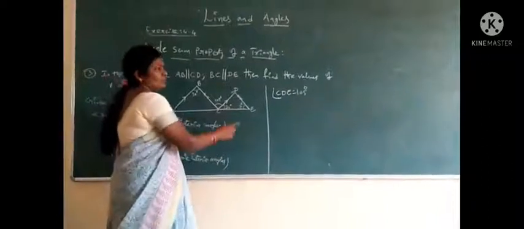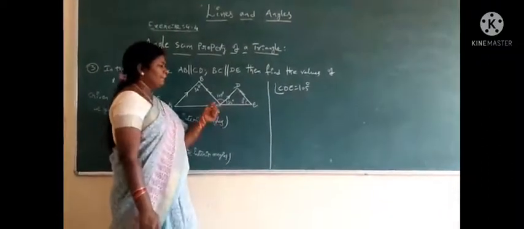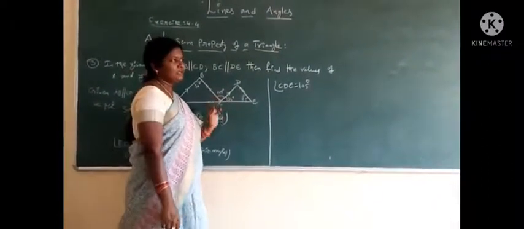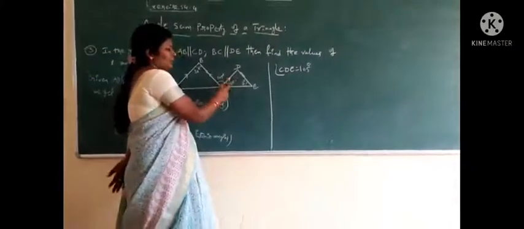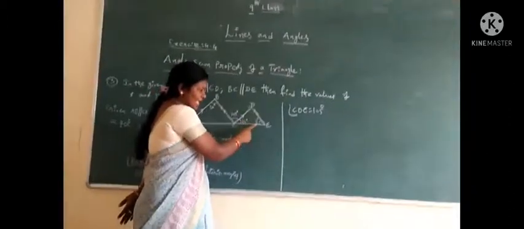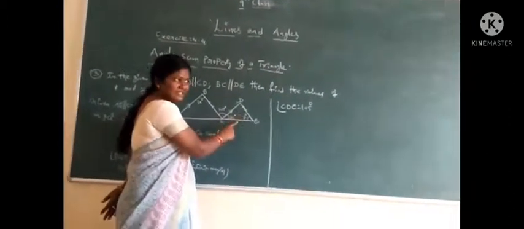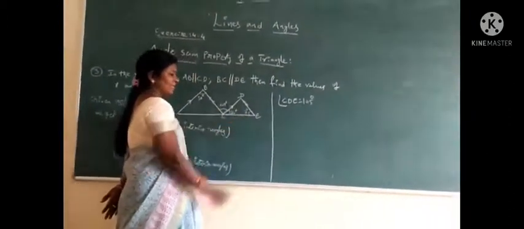So we know the angle sum property: the sum of three angles is 180 degrees in a triangle.